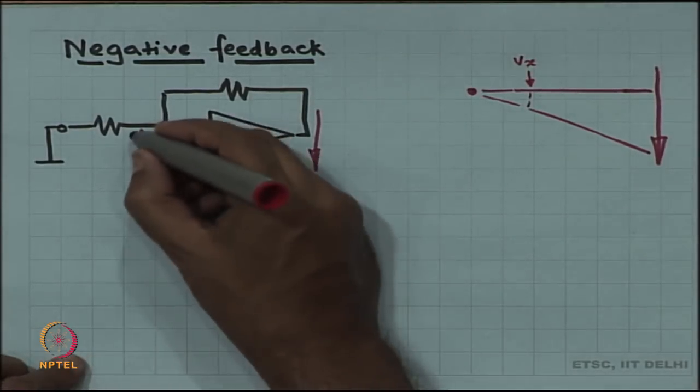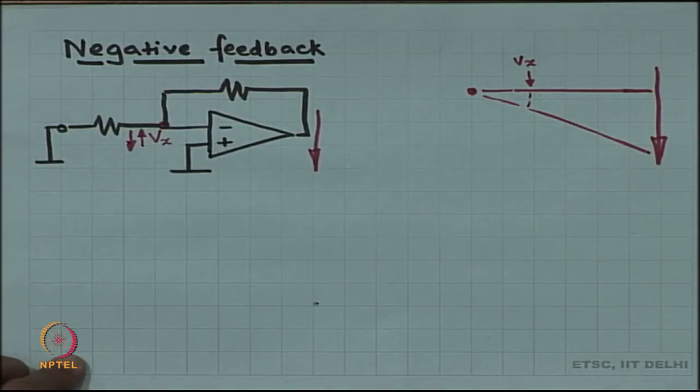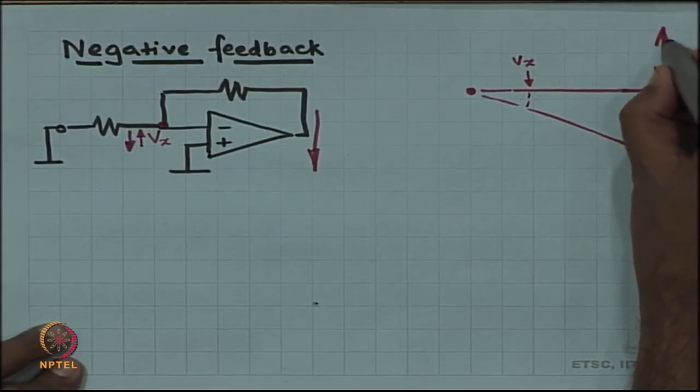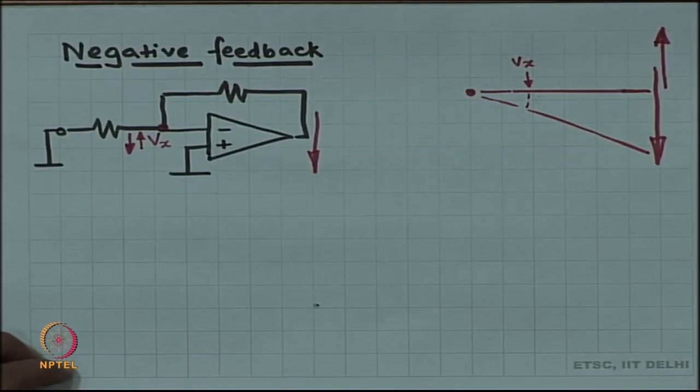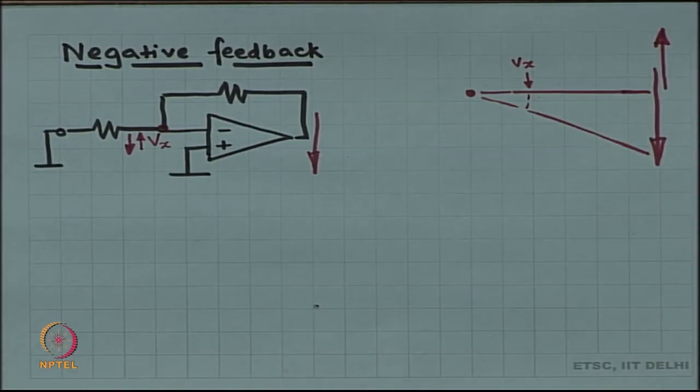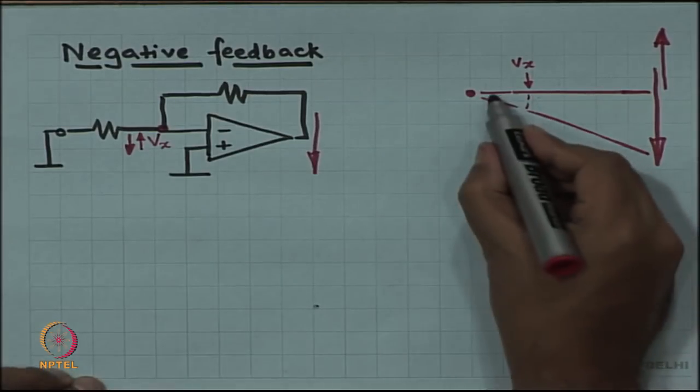If Vx is a little lower than required, then what is going to happen? The output voltage is going to go drastically up, and it is going to pull it back to the right place. So, this beam is going to be balanced right over here.